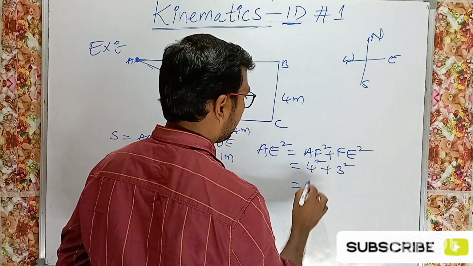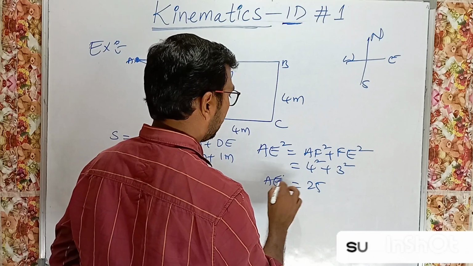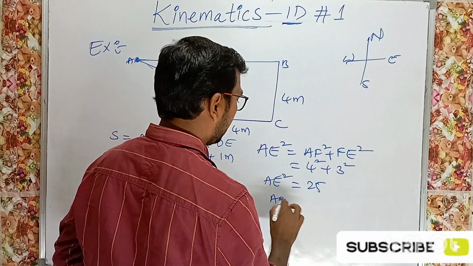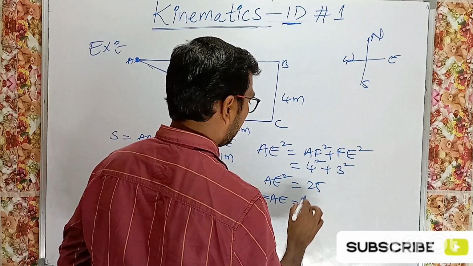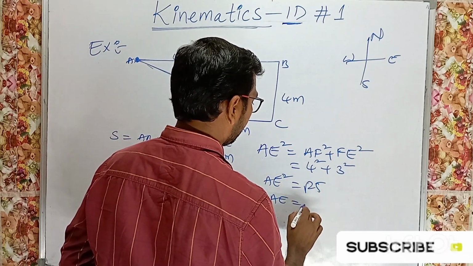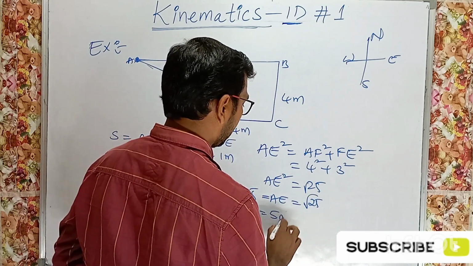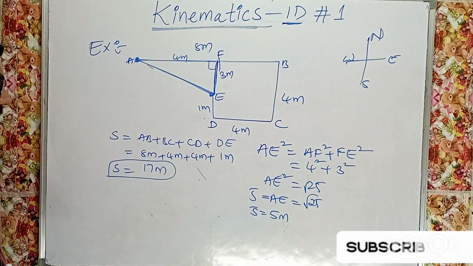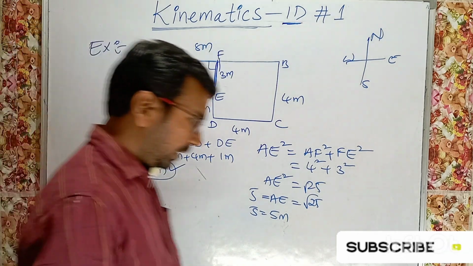This is 25. So AE square is equal to 25. What about AE? AE is equal to displacement. Displacement is equal to root 25, so displacement is 5 meters. Distance is equal to 17 meters. Next we can discuss one more example.